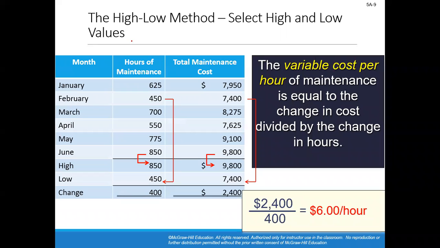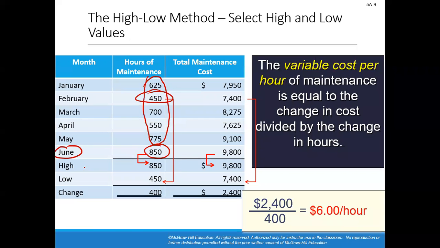Okay, June. So let's move to June. We see in June, the hours of maintenance is 850, which is highest among all of this. And if I ask you which one is the lowest point, what will be your answer? The answer is February. Okay, this is the lowest point.